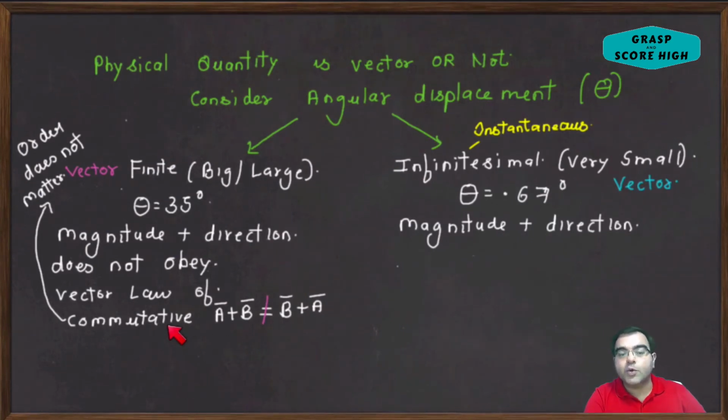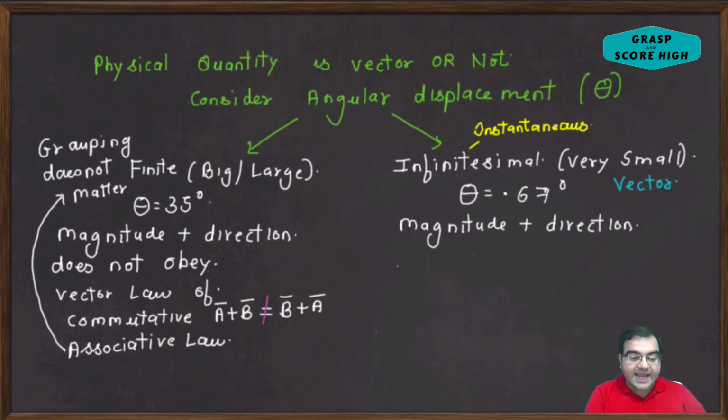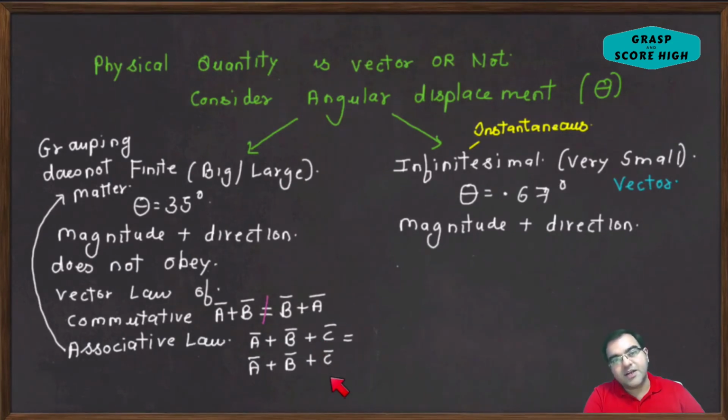So I will say a finite vector is not a vector in the real sense because it is not obeying the commutative law. The second law I want to talk about is the associative law. The associative law basically says grouping does not matter. However you start grouping, that's not going to matter. Let's say you have three vectors, A bar plus B bar plus C bar. I've written it twice. Now if you remember your older standards, we studied the BODMAS rule, where you always start with brackets.